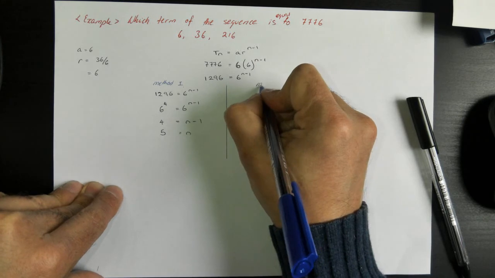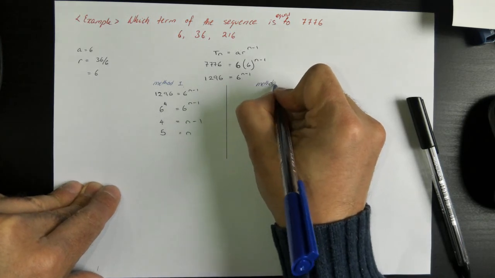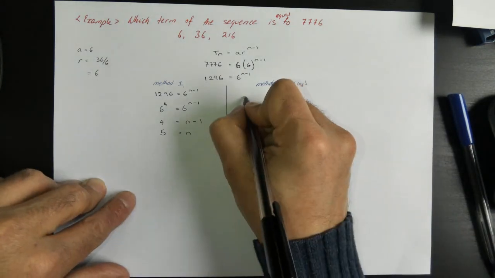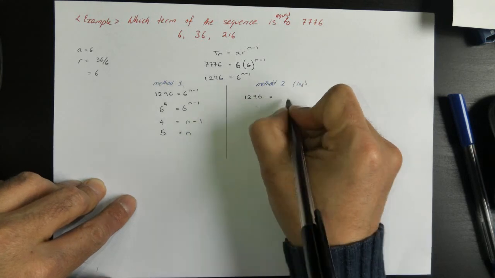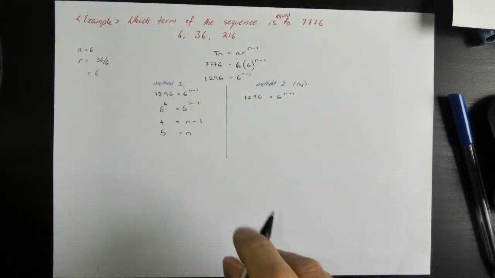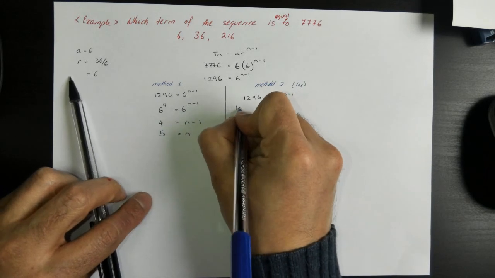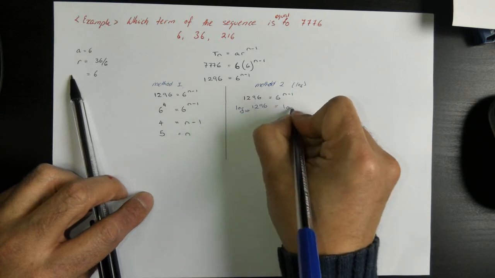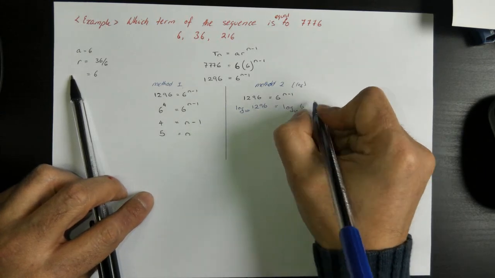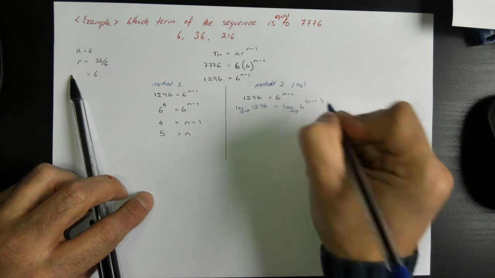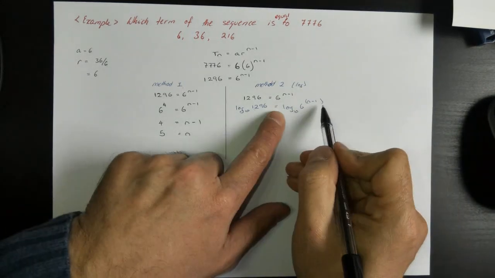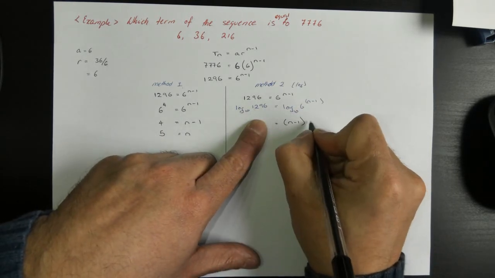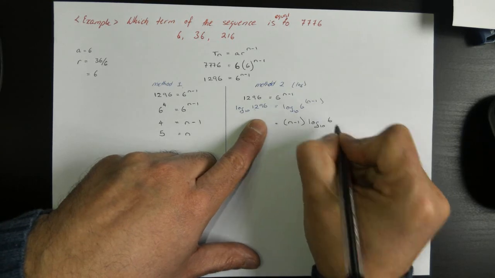Now method 2 is using logs. So what we have is if I take the log 10 of both sides, what it means is that I can bring this n minus 1 in front. I can bring that power down by taking the log of that.